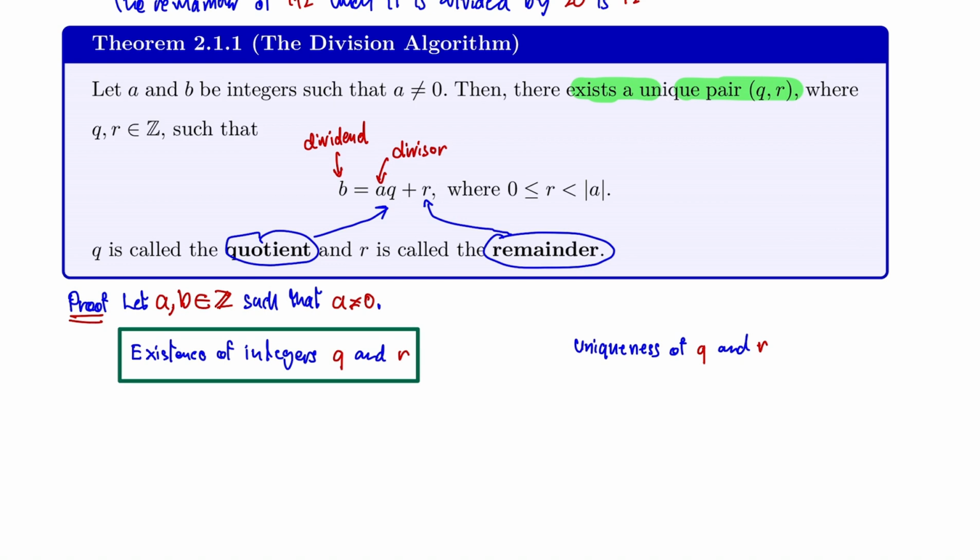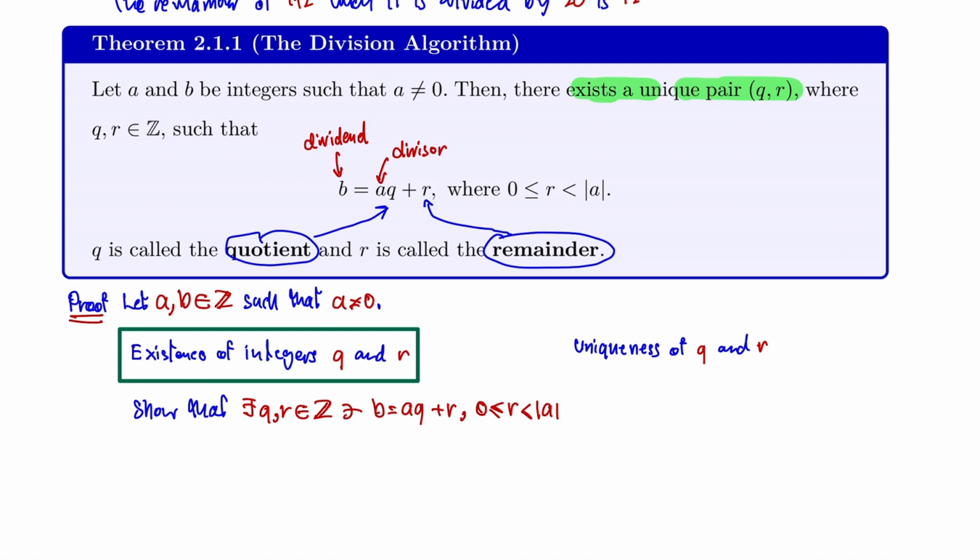Okay, so what can we do with this? From this, what do I want to show? We will show that there exist integers q and r such that b equals aq plus r, where r is greater than or equal to 0 and less than the absolute value of a.